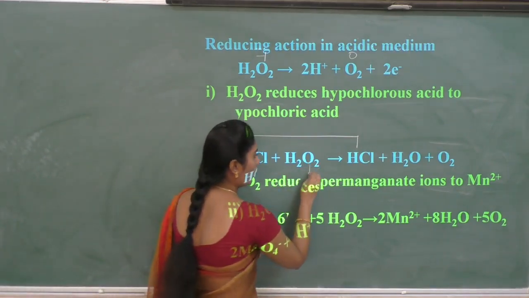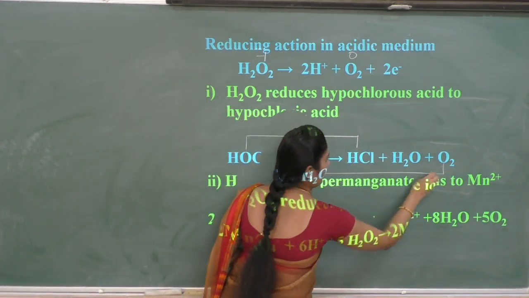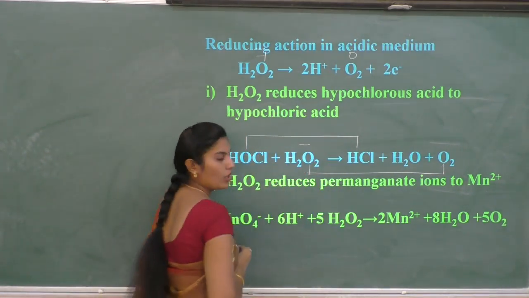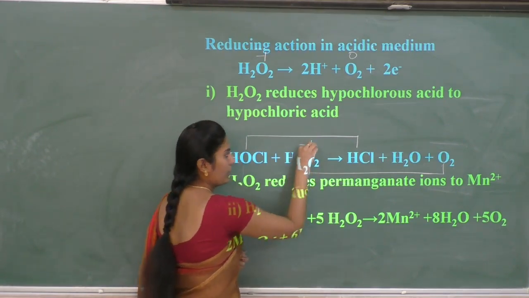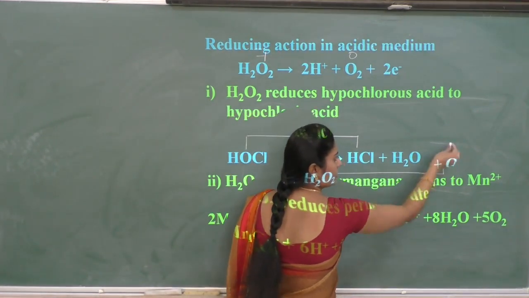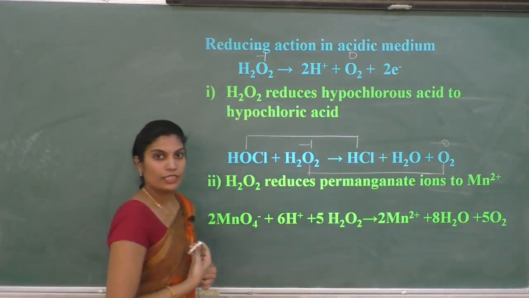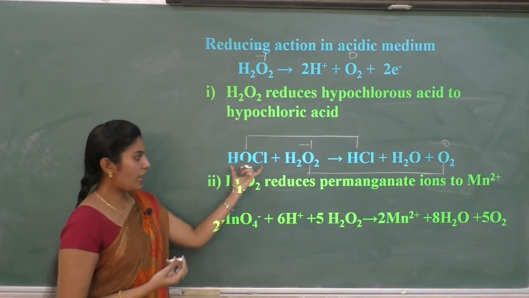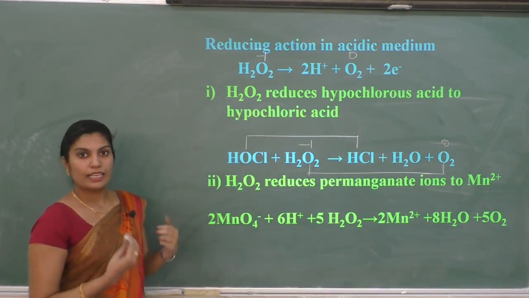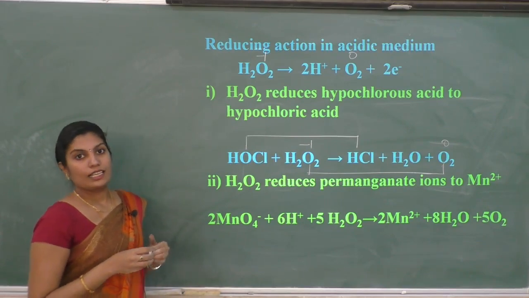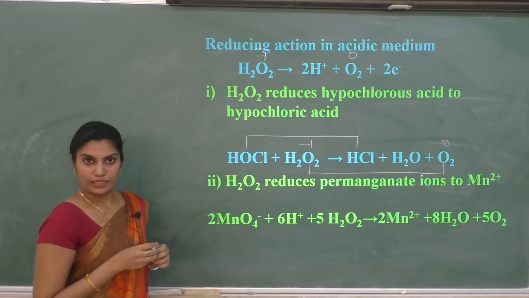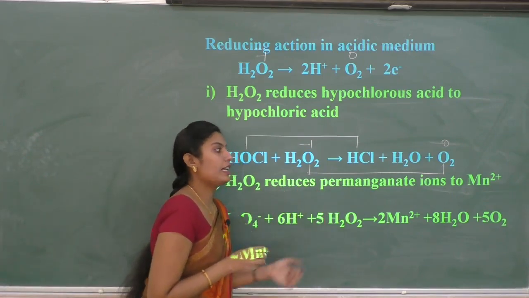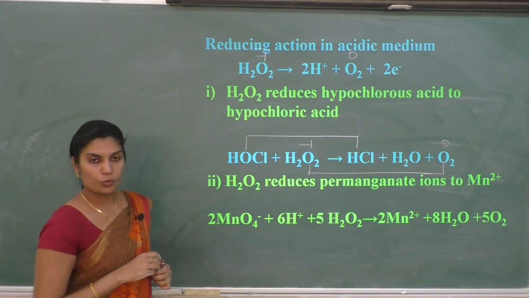Here the H2O2 is oxidized to O2. Clear? The oxidation state of oxygen in hydrogen peroxide is -1, and in O2 the oxidation state of oxygen is 0. Therefore, in this reaction, when H2O2 reduces hypochlorous acid to HCl, itself undergoes oxidation. Cleared?